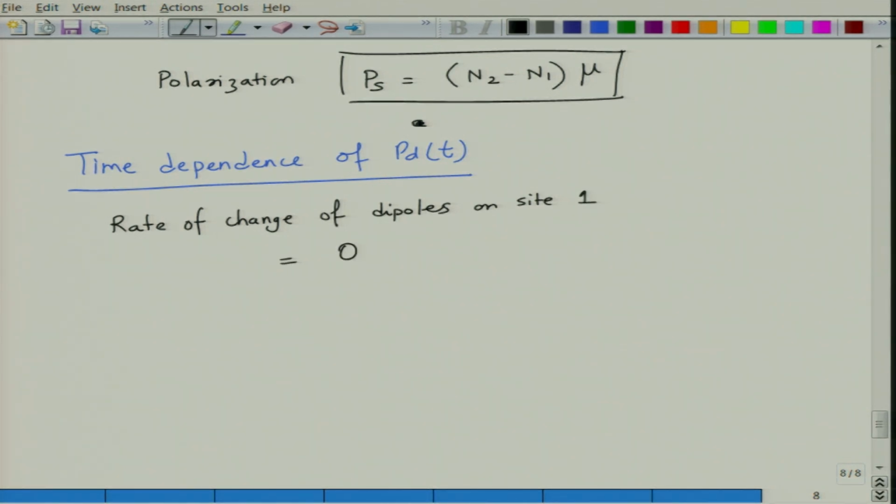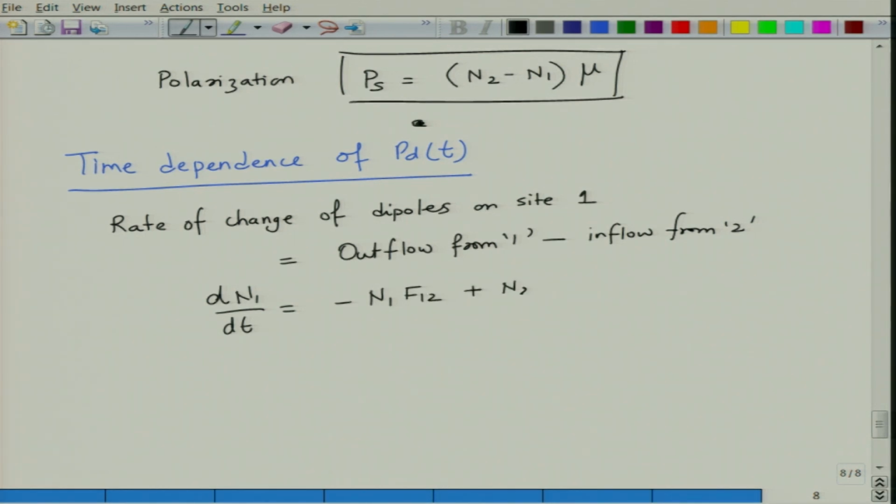This is equal to outflow from 1 minus inflow from 2. So dN1 divided by dt is equal to minus N1 into F12 plus N2 into F21. This is the rate of change of dipoles on site 1.